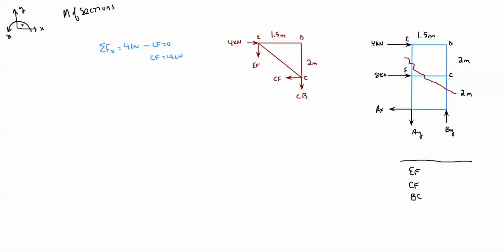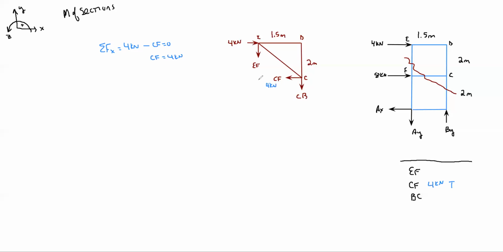And it came out to be a positive number, which is not to indicate that the force is positive, but that I took a good guess on the direction. So I have that pulling away. So CF is 4 kilonewtons, pulling away from the pin in reaction to the tension of the member. So member CF is in tension. That's nice. Let me go ahead and put that in here. That was a quick one today.